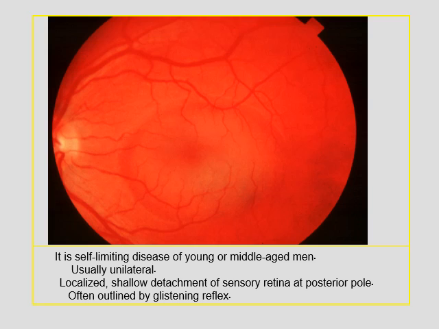The subretinal fluid is clear most of the time. Precipitates may be present on the posterior retinal surface. The elevation is often outlined by a glistening reflex.